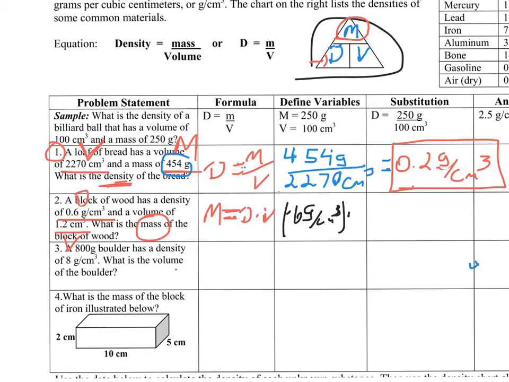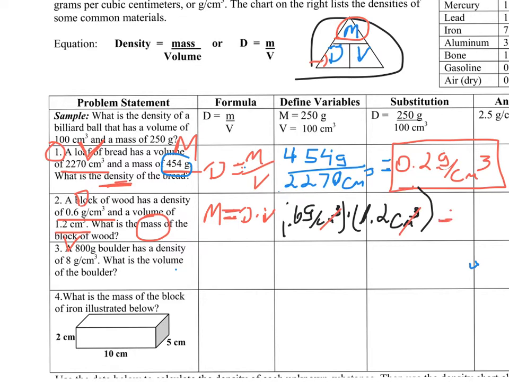And that decimal should be down here. So now that's 1.2 centimeters cubed. Now that's my volume. So because I have centimeters cubed on both, that cancels out.